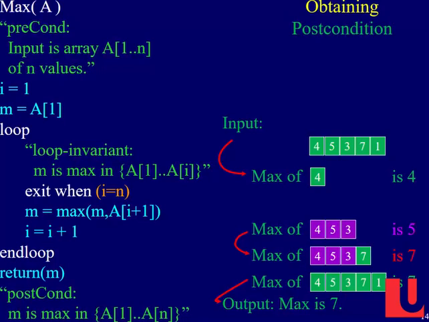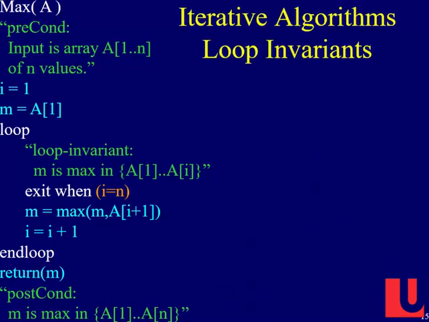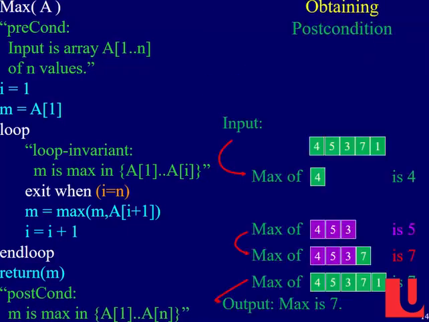So here, maybe we have it on. Let's push the button and see what we have. Nope, we didn't have it. What we're going to be building up to is saying, if you know the loop invariant's true, and you know the exit condition's true, and you do this little code here, then you get the postcondition. This is pretty straightforward. If I is n, and we know the maximum of the first I, then we know the maximum of the first n, which is exactly what we want here.